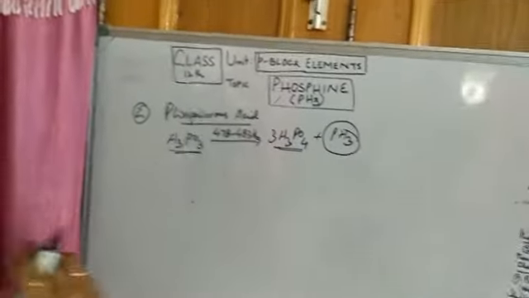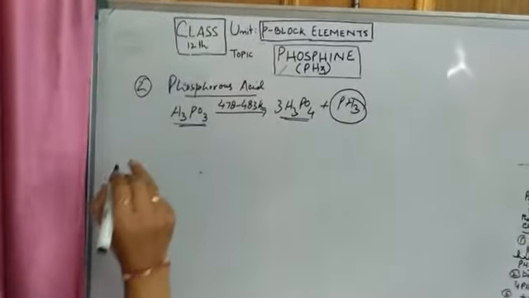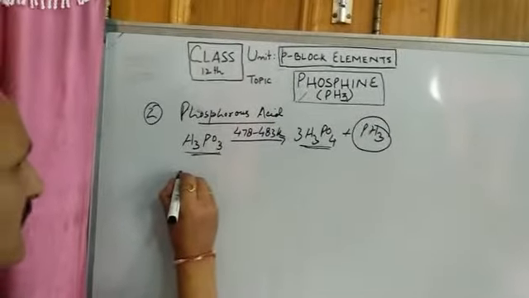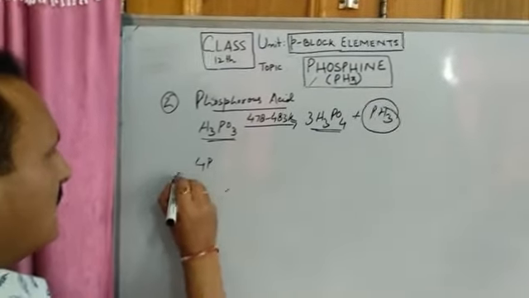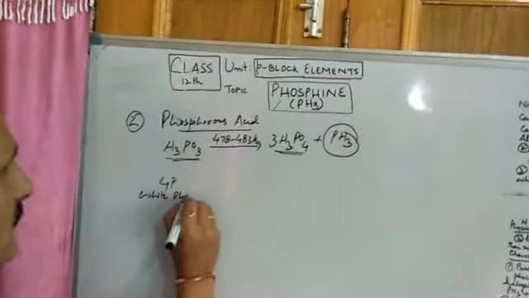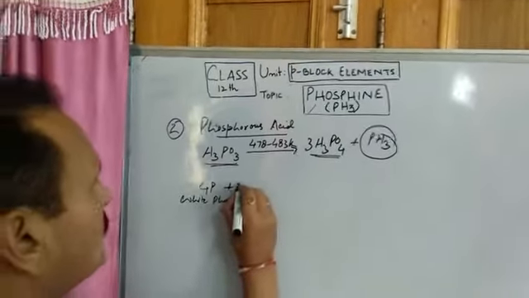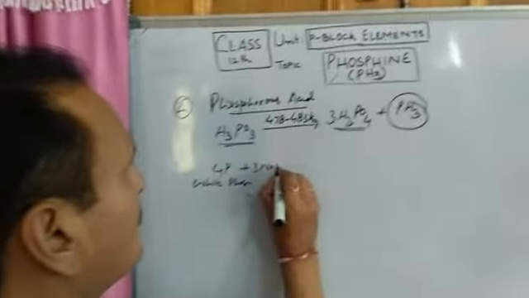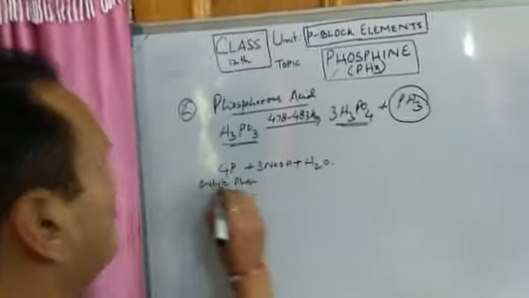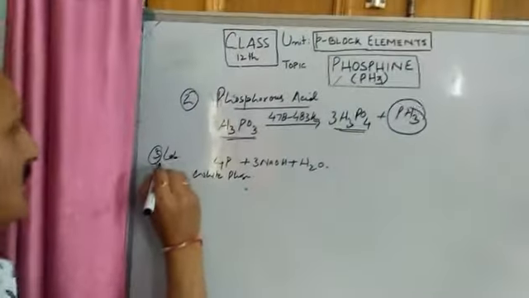Then we can come to one more method. We can prepare phosphine by heating white phosphorus. If we heat white phosphorus with sodium hydroxide and water, this is basically the laboratory method, the laboratory preparation of phosphine.